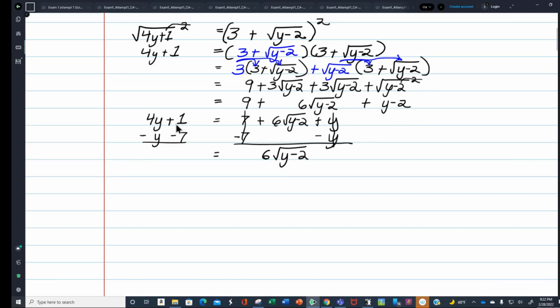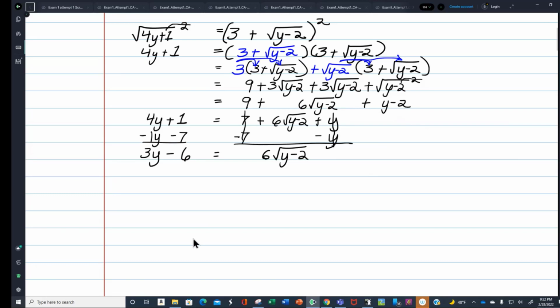Over here, 4y minus 1y is 3y. And 1 minus 7 is minus 6. Now at this point, probably the best thing you can do is get used to looking for a GCF.